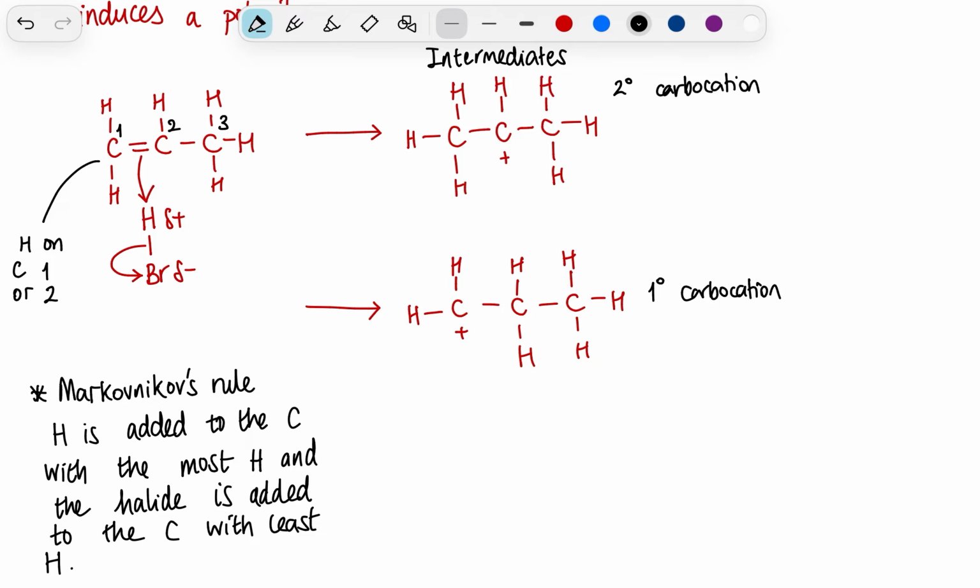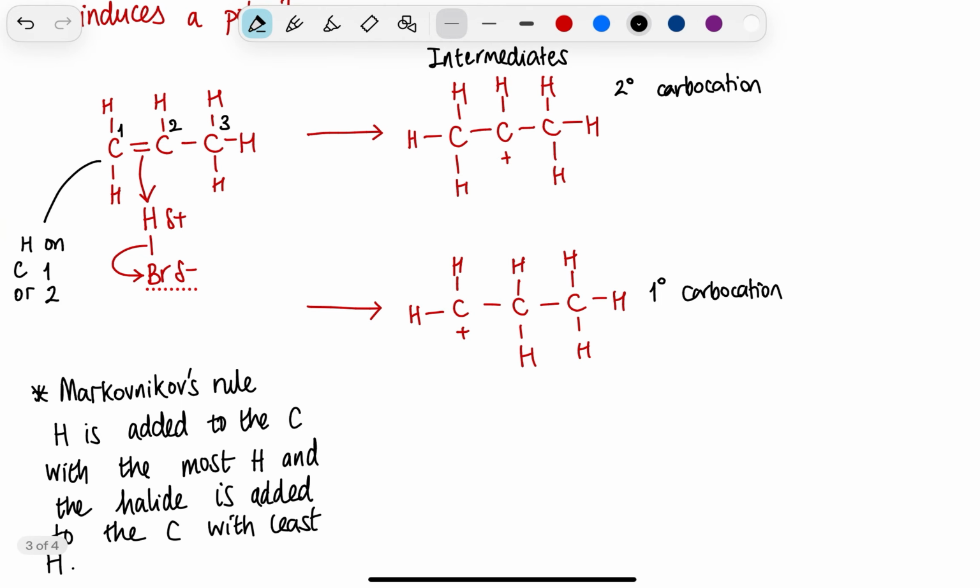And then finally, if we're looking at different carbocations, normally the more stable would be the tertiary. So if we have primary, secondary, and tertiary carbocations, primary is going to be the least stable, secondary is going to be more stable, and tertiary is going to be the most stable.